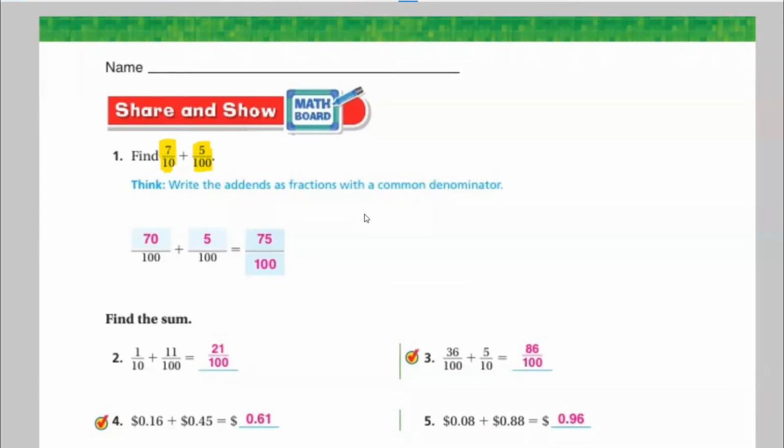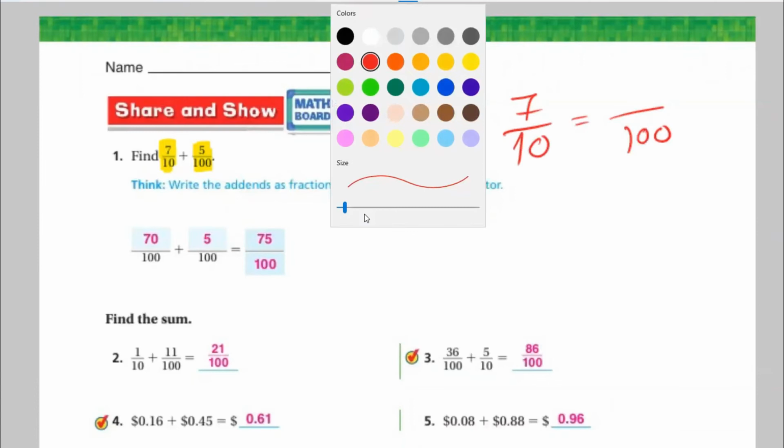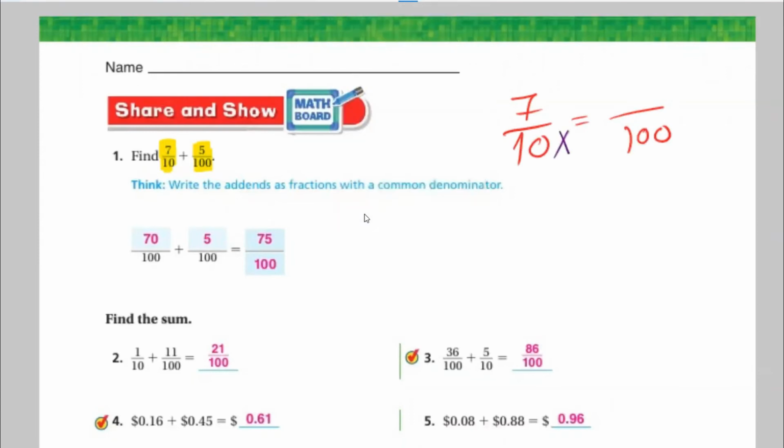No. So you have to get the same denominator. So keep the 100 the same and let's convert 7 over 10 to become 100. How can we convert it? We're going to multiply by what here? 10. Great. So we're going to multiply by 10 up and down. As we did down, you have to do the same up as we learned before.